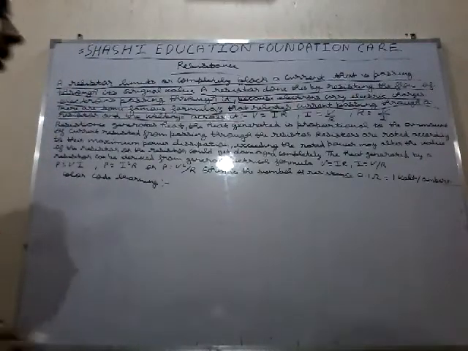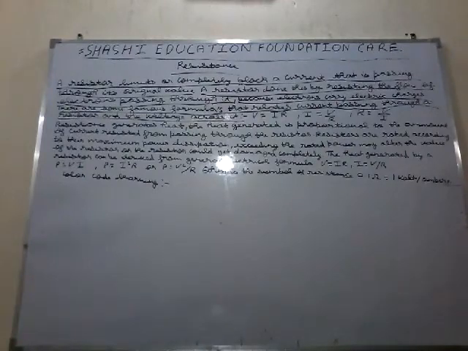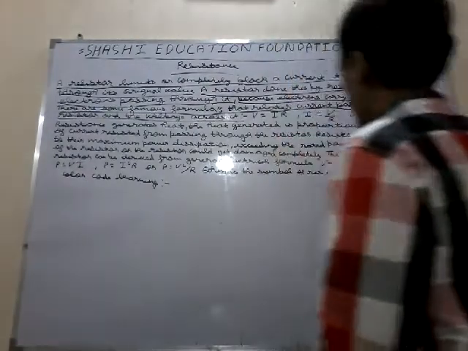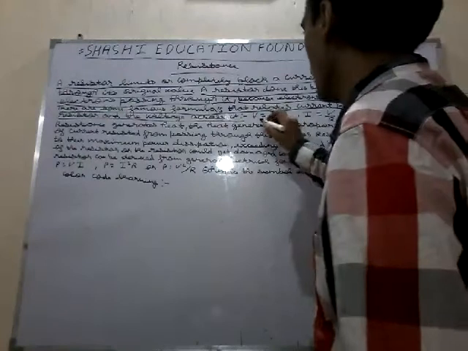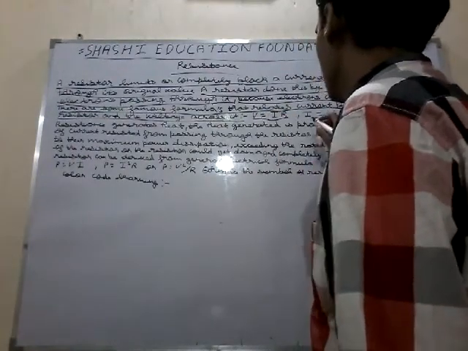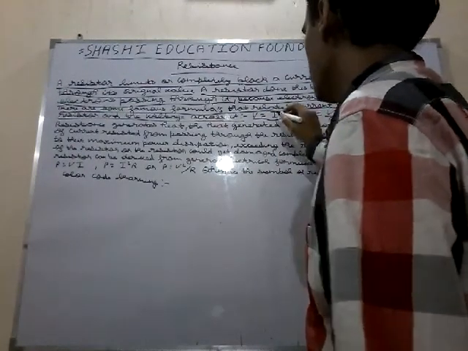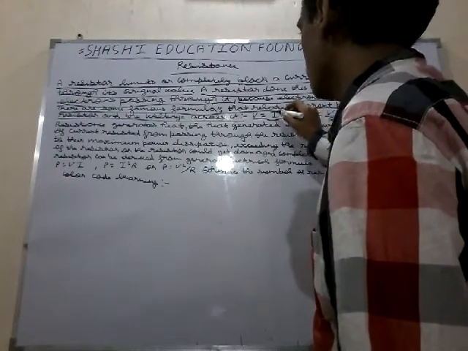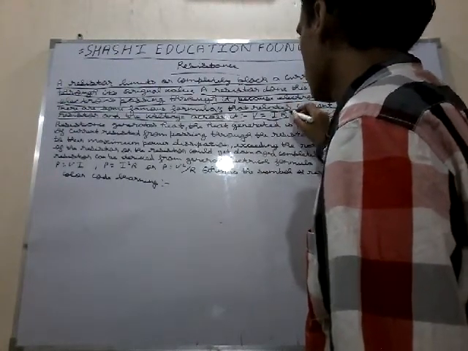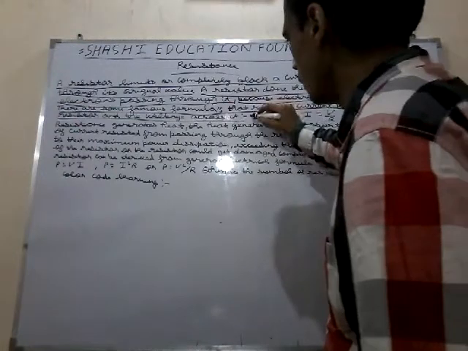So there are some basic formulas which you learn in 10th grade or 9th grade in physics. Voltage equals I into R, where I stands for current, R stands for resistance, V stands for voltage.